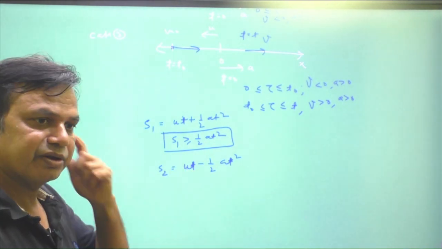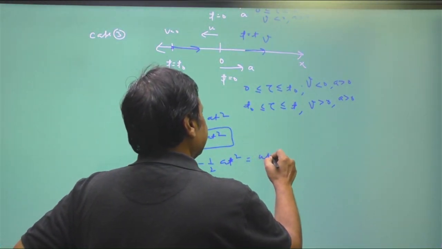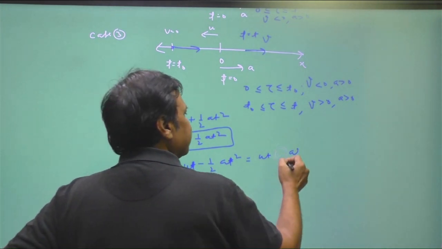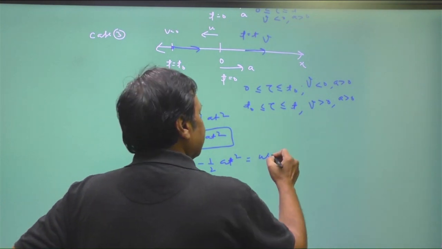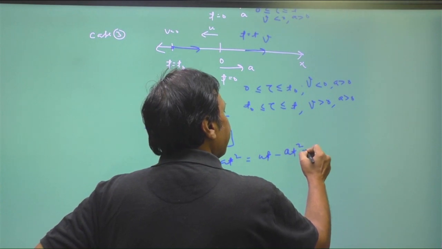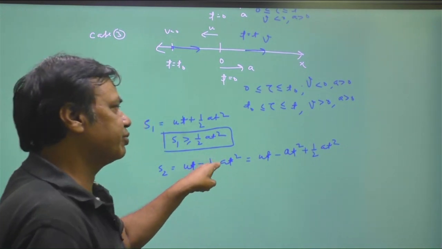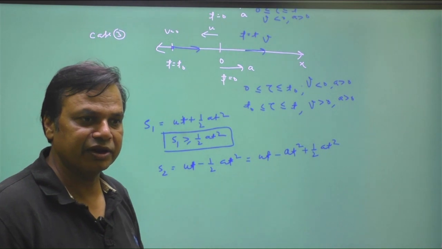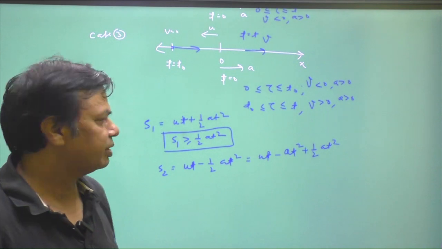So you can write this equation and you can manipulate it like ut minus at square plus half at square. You can always write this because minus at square plus half at square gives minus half at square.